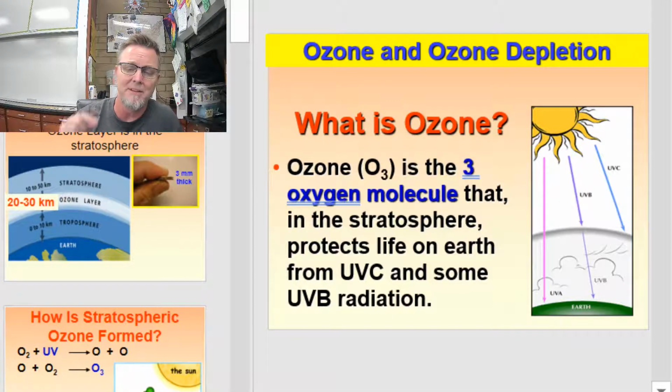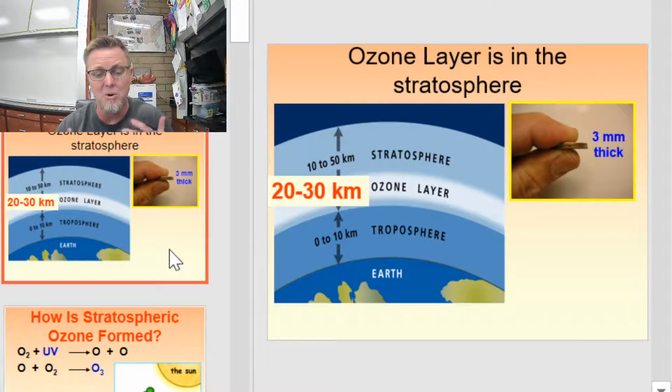So we need something like ozone, O3, a molecule made of 3 oxygen atoms bound together, to block that and protect us. Now, the layer that ozone exists in in the stratosphere, we call the ozone layer.